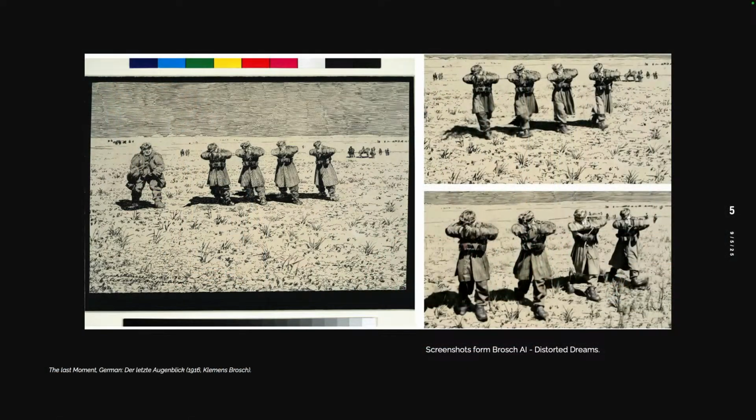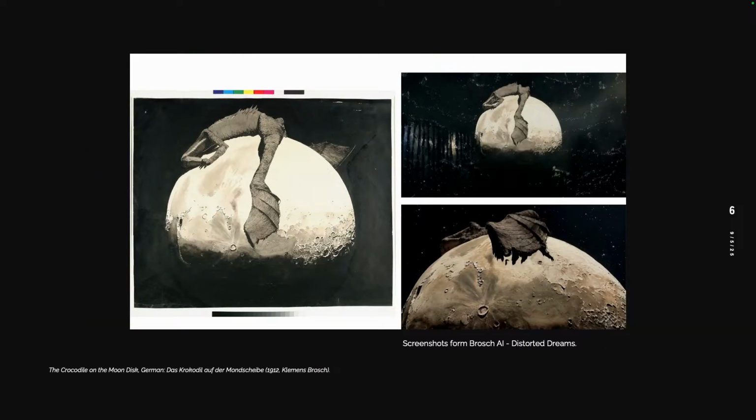The figures looked wobbly in their stance, faces turned blurry, the coat textures became rough and fuzzy, and even the shadows don't always make sense compared to the original drawing. In Crocodile on the Moon disc, the AI couldn't really handle this hybrid creature. Instead of a crocodile, it just dissolved into strange amorphous shapes that broke the logic of the original drawing.